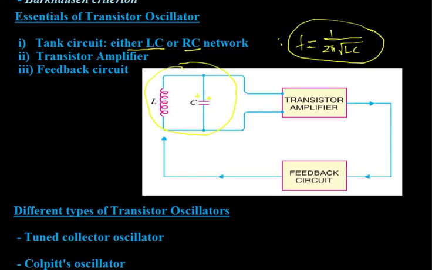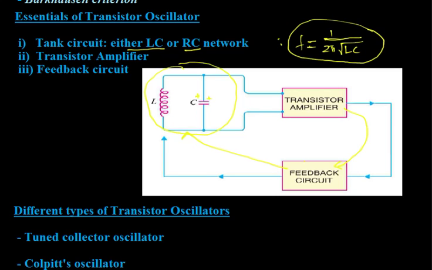Now another thing is that we have to produce a positive feedback, so we will use a feedback circuit. The output of the transistor amplifier is connected to a feedback circuit, and the feedback circuit is again connected to the tank circuit in order to meet the losses in the tank circuit.